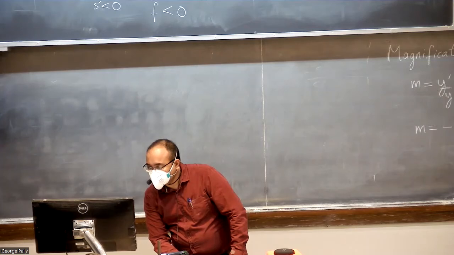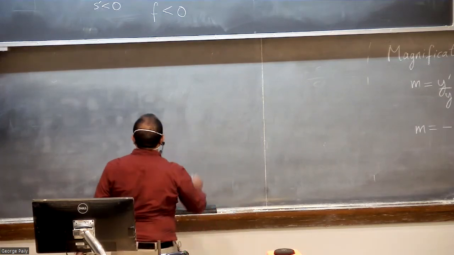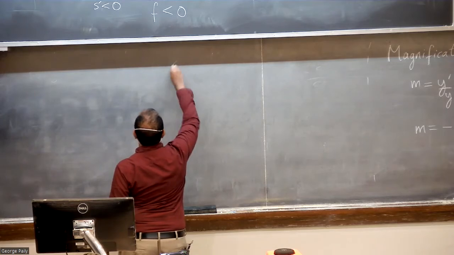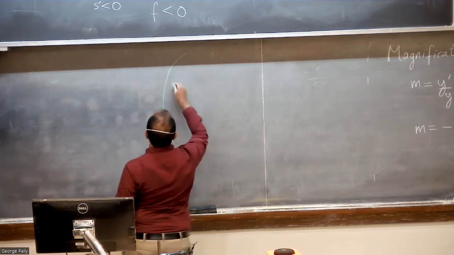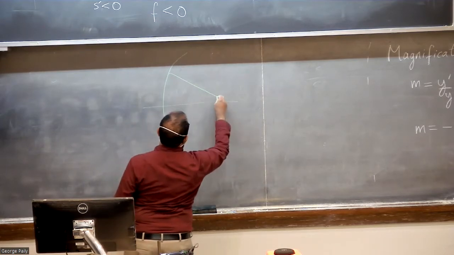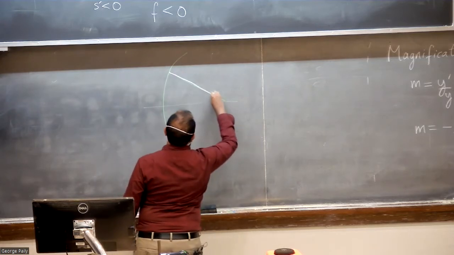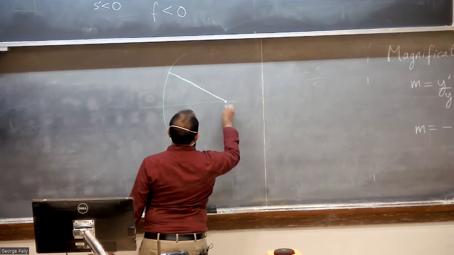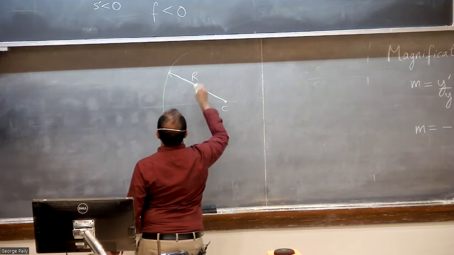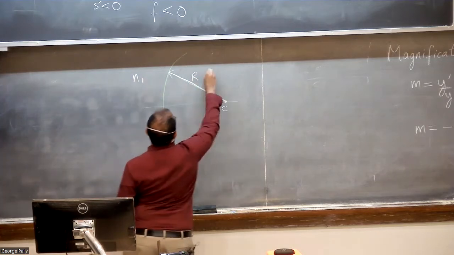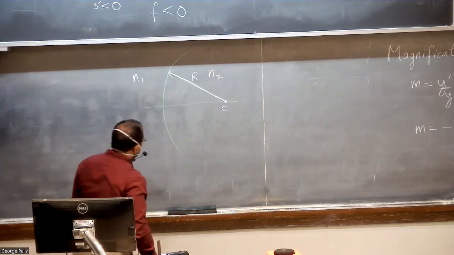Okay, so for example, supposing you have a curved surface with some radius r, so this is the center, this is r, and you're going from n1 to n2.